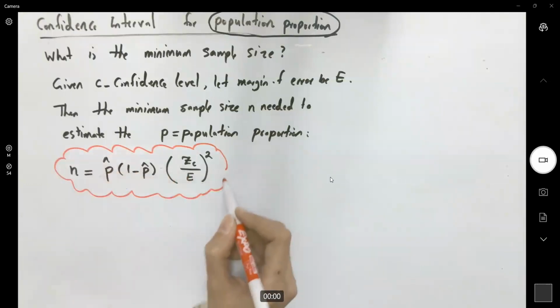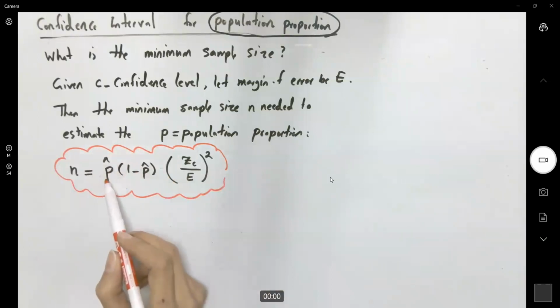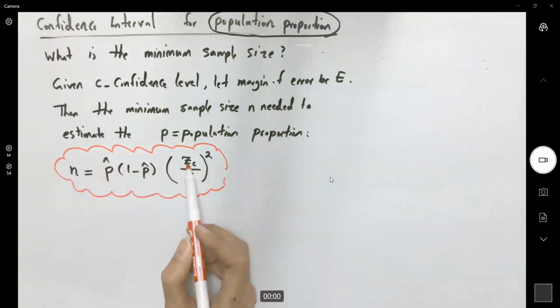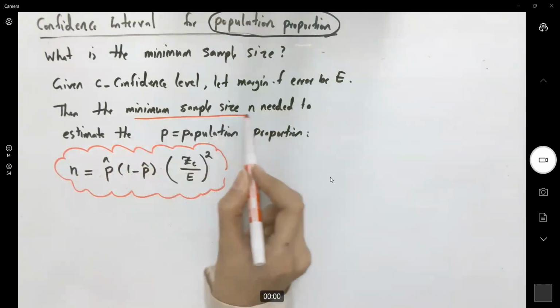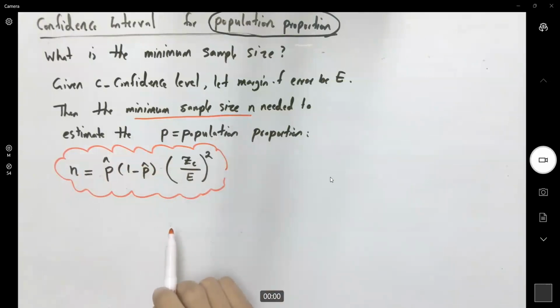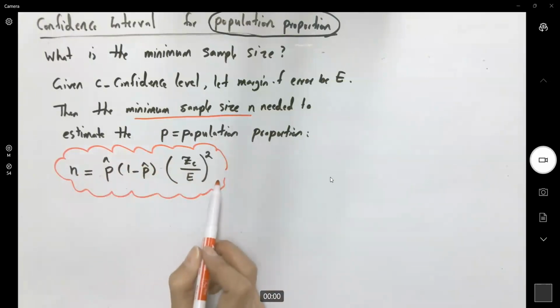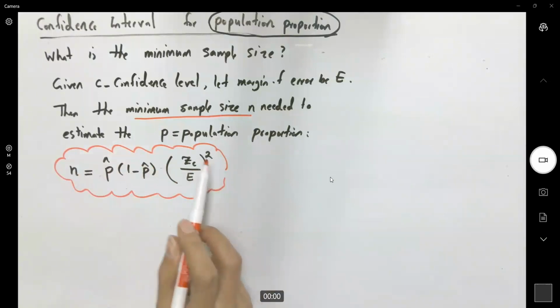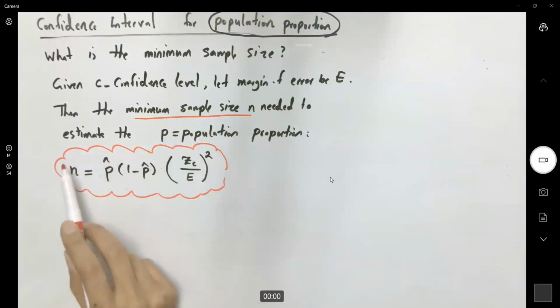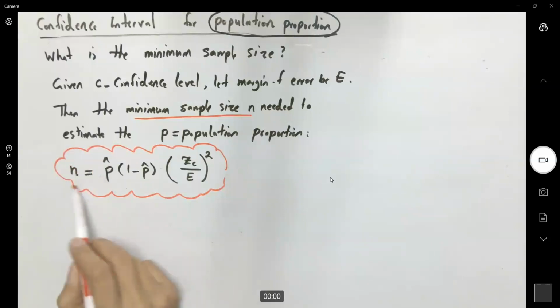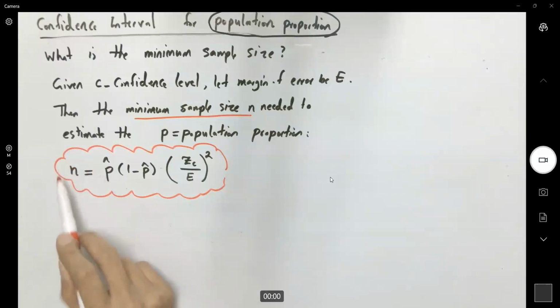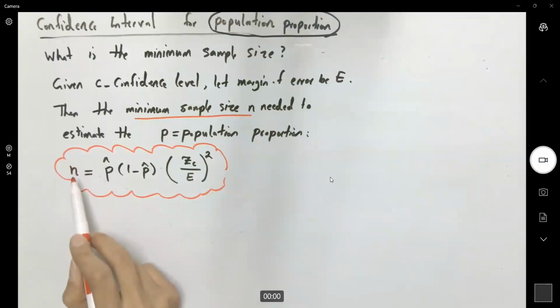The information that we need are p hat, critical value, margin of error, to be able to find the minimum sample size n. If we have this information, then we can find the number of people or the data needed in our sample.